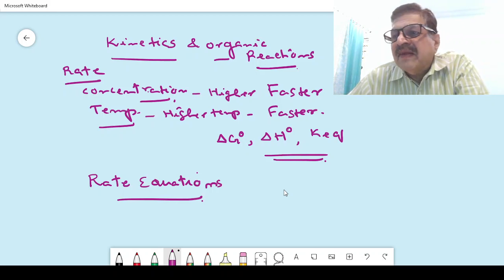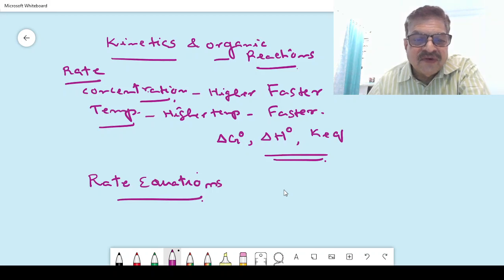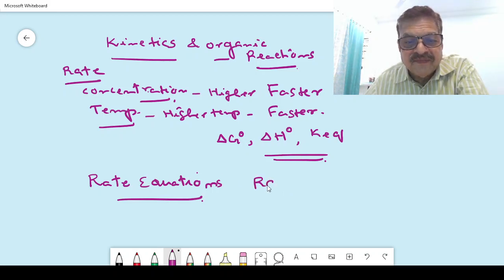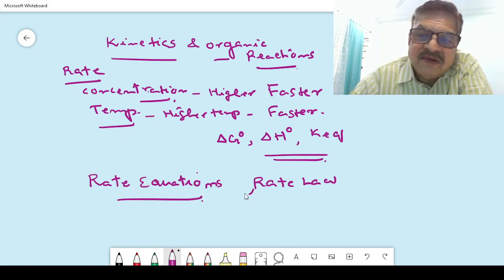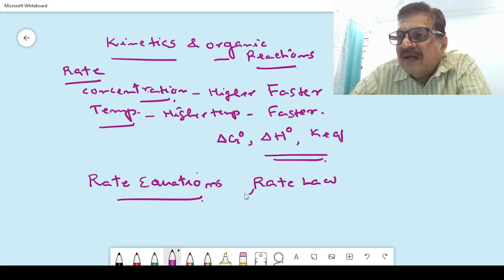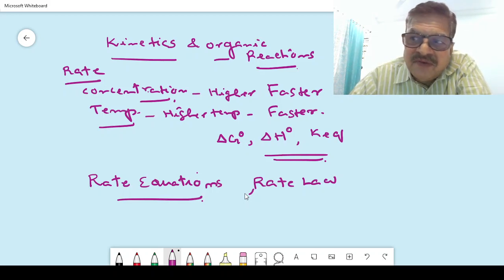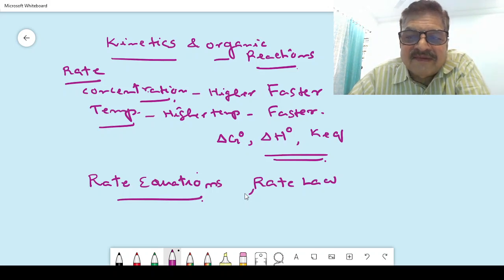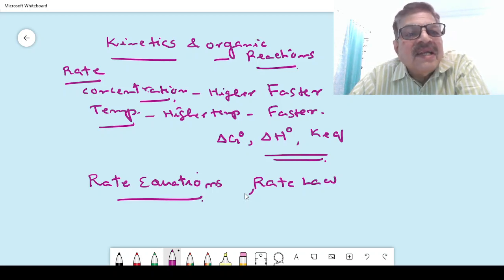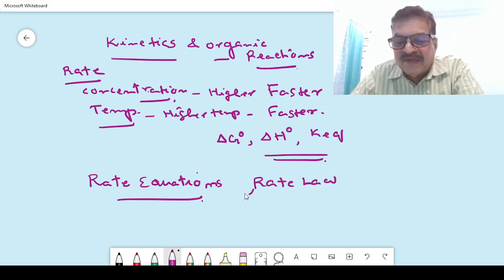That is the rate equation. A rate law, this is also known as the rate law. A rate law or rate equation is an equation that shows the relationship between the rate of a reaction and the concentration of the reactants. That is, how the rate of the reaction is related to the concentration of the reactants.